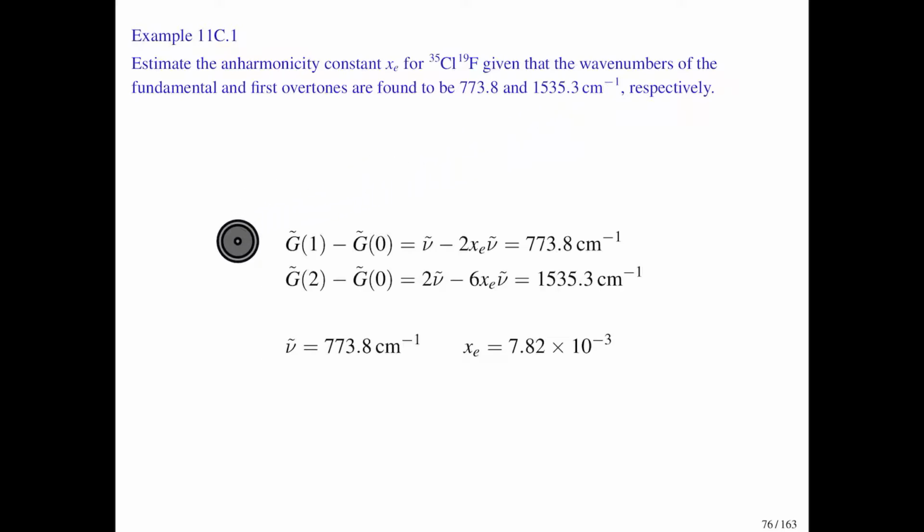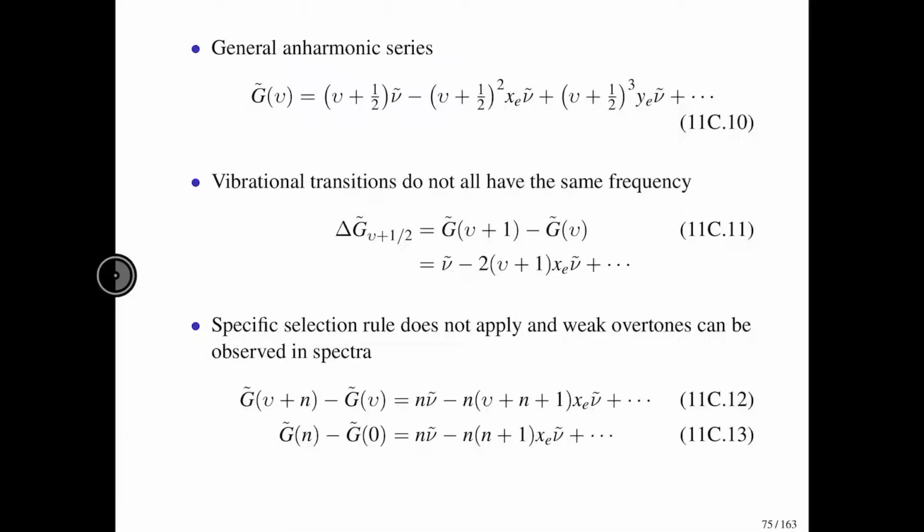So the first transition, the fundamental transition, has this form, and it equals that value. And then the second, the first overtone, has this term. These results are coming from these formulas, so you can just use this one.